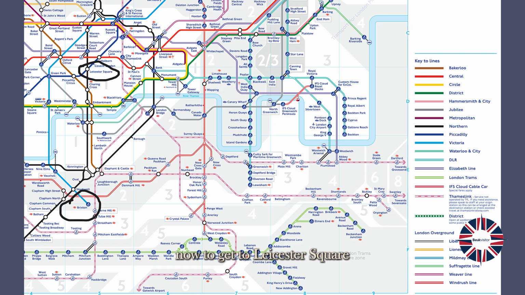Now to get to Leicester Square, you can continue with the Victoria line train until you reach Green Park Station. At Green Park you find a number of train lines intersecting each other, and one of them is the Piccadilly line. So you get on board a Piccadilly line train from Green Park and it will take you to Leicester Square.